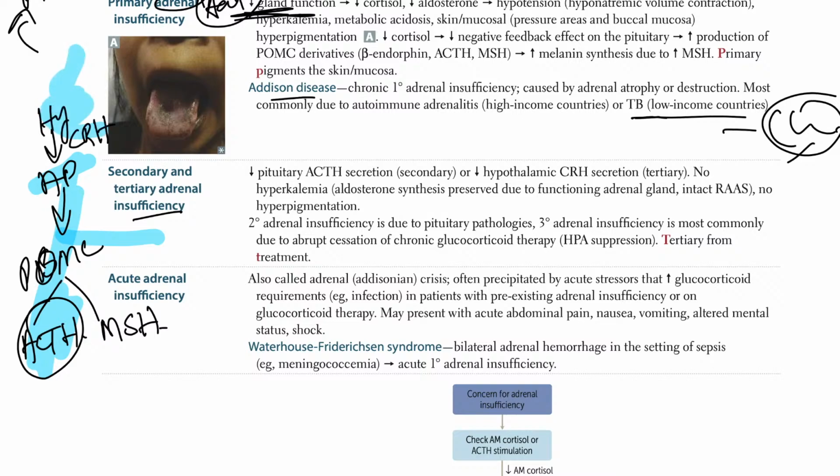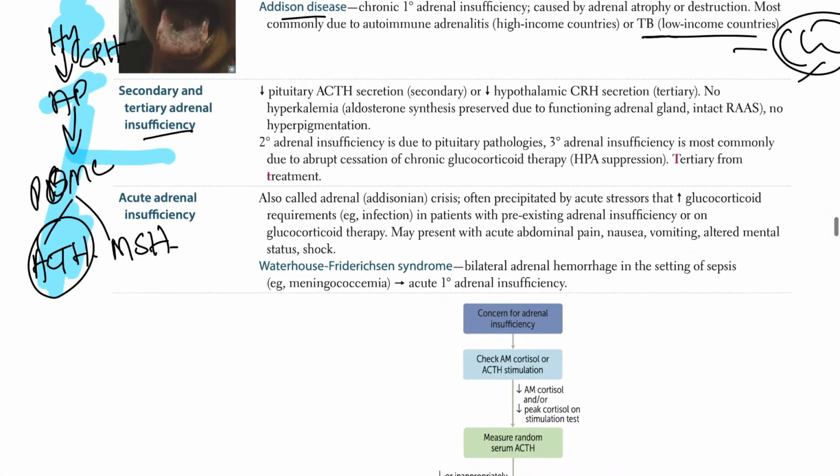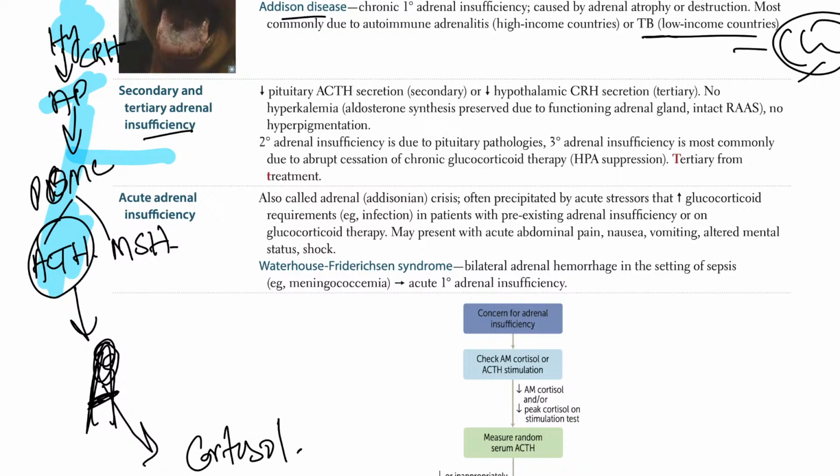So which one was primary? That's actually right, the full axis. So it makes sense. ACTH goes on the adrenal gland. These are our adrenal glands, right? Let's just say adrenal. When ACTH goes to the adrenal gland, the adrenal gland then secretes cortisol. If you have a problem within the adrenals, that's going to be your primary adrenal insufficiency.